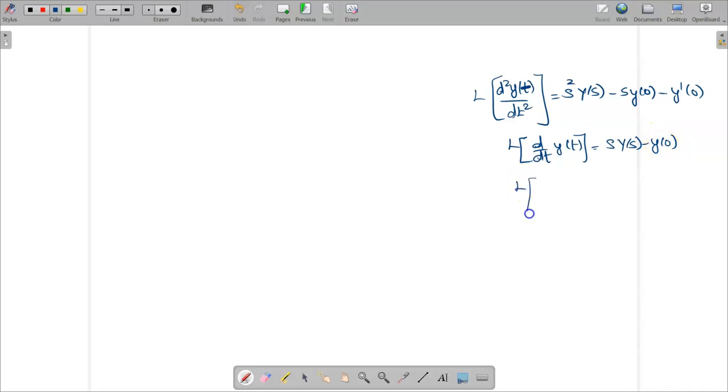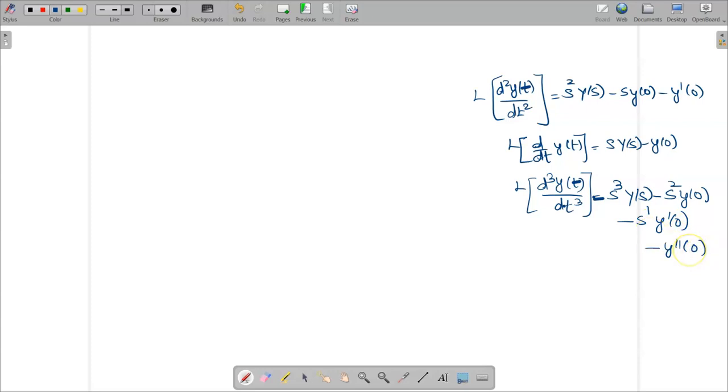For example, if you have Laplace of d cube y of t by dt cube, then you have to write, for d cube by dt cube it is s cube, and for y of t it is y of s minus, reduce your power, s square times the first initial condition y of 0, and then minus, reduce your power, s power 1 times the next initial condition y dash of 0, minus, reduce your power, s power 0, so leave that, next initial condition y double dash of 0.